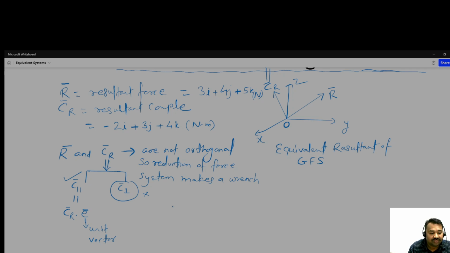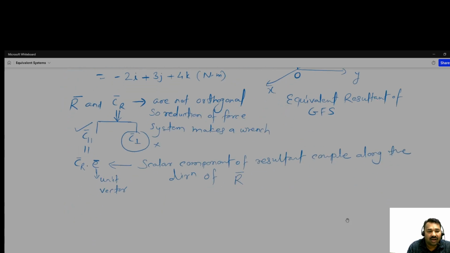So this we get, and this is in the form of the scalar component of the resultant couple along the direction of the resultant R. Then how to get it in the vector form? You can write the vector component of C parallel.